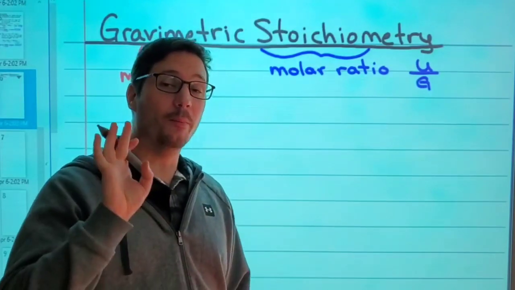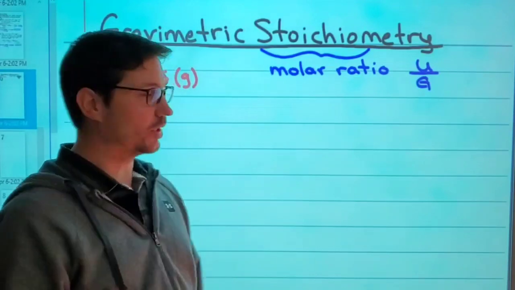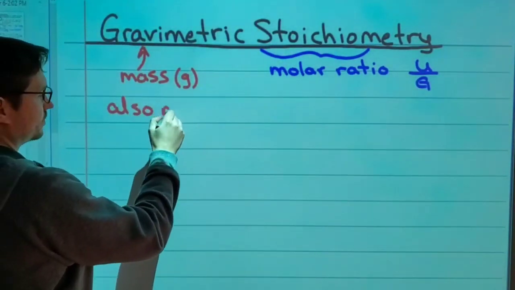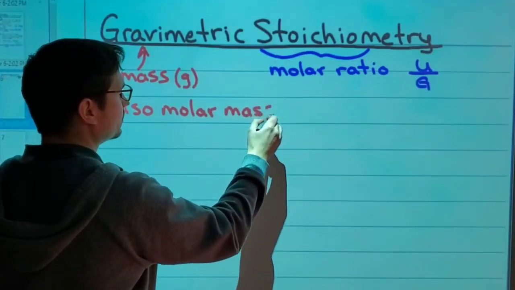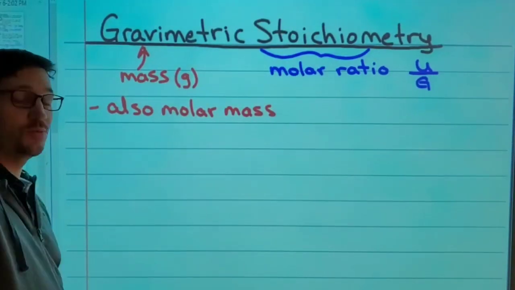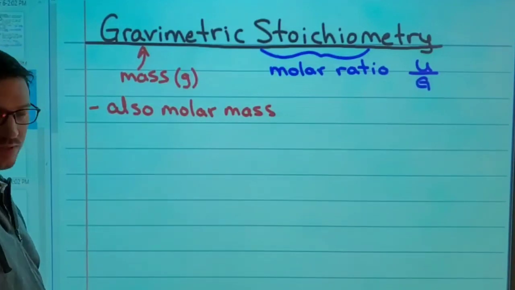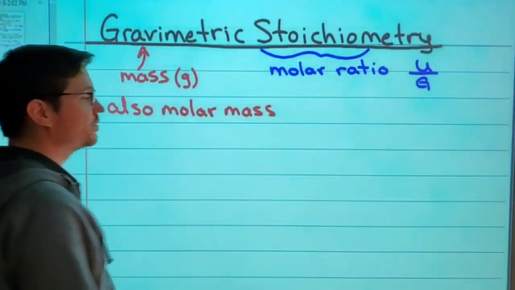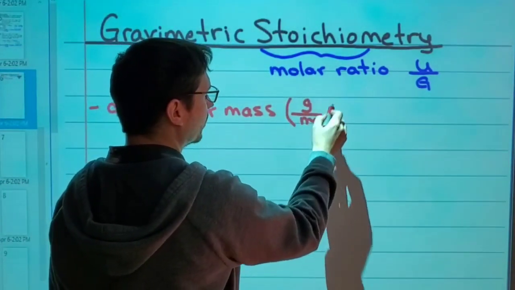Anytime you're dealing with the mass of a substance, you're going to need the molar mass. And that's one of the reasons why we went through molar mass calculations yesterday and these mole conversions. So we're going to be using molar mass, which is measured in grams per mole.